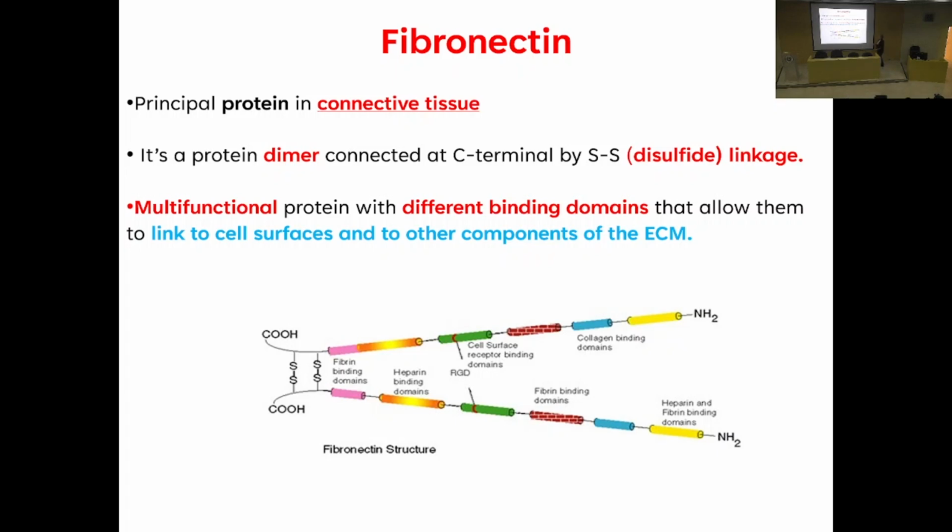Okay? So this domain has a property, it has a role. For example, they found that this domain, which is close to the extremity here, binds fibrin. So the sequence of amino acids here is capable of binding fibrin when it comes. Fibrin will bind to fibronectin via this domain. Okay?